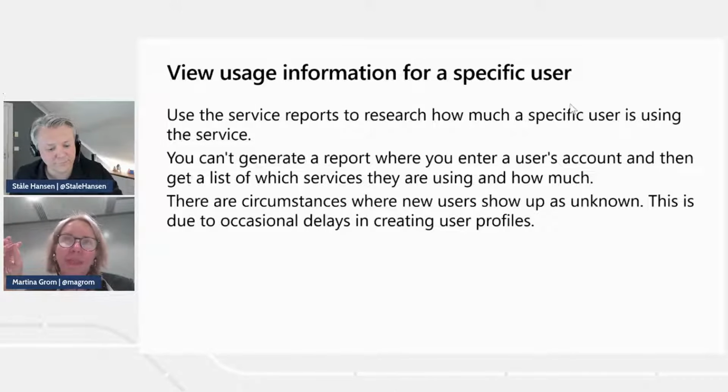For instance, a new user might show up as unknown. That could happen if the user is new or not synced properly, and there could be a delay in creating the user profile within the reporting service. So just be patient. The user will show up with his username soon, and you can look at it and also give that specific user information.